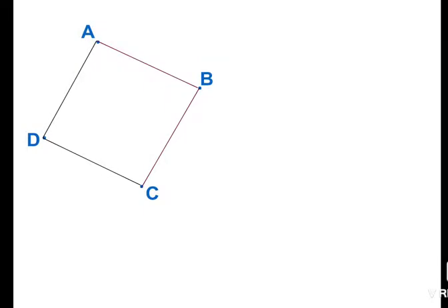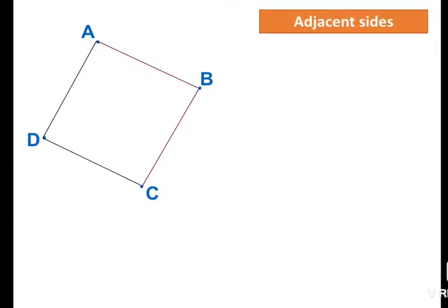Next, here you can see a quadrilateral ABCD, with 4 sides, 4 angles and 4 vertices. We have to find the adjacent sides. Have you heard this word, adjacent side? Adjacent sides means 2 sides having one common point.